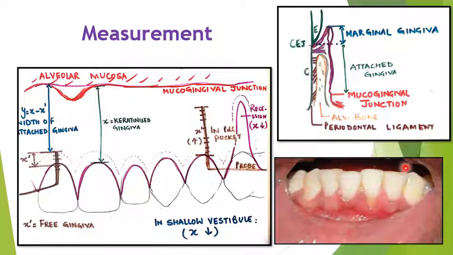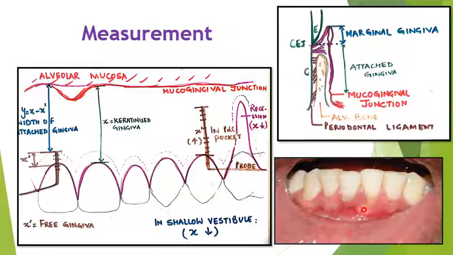You can appreciate in this picture, this is the gingival margin and this is the mucogingival junction. Gingiva is pink, mucosa is red. So in this case, this distance is measured and sulcus depth is subtracted. As there is recession, total gingiva has decreased.